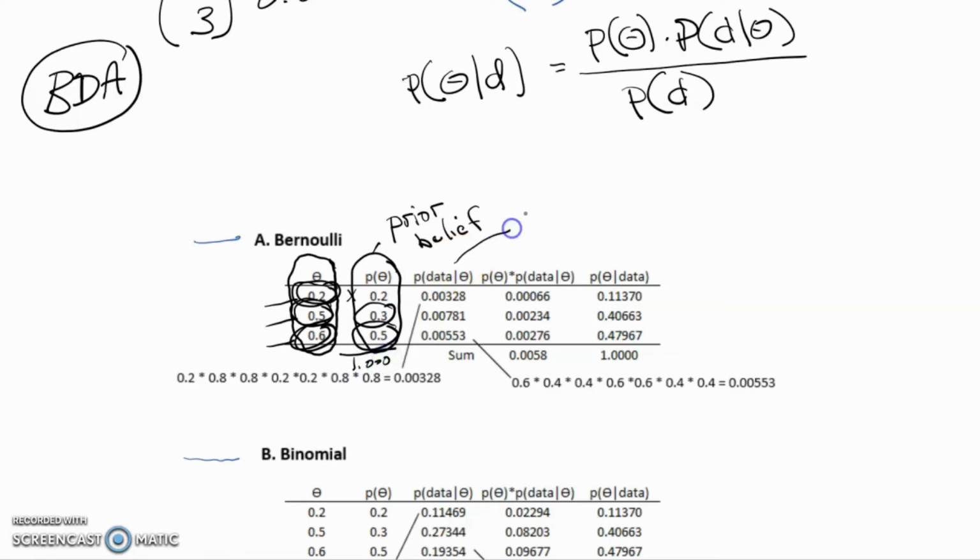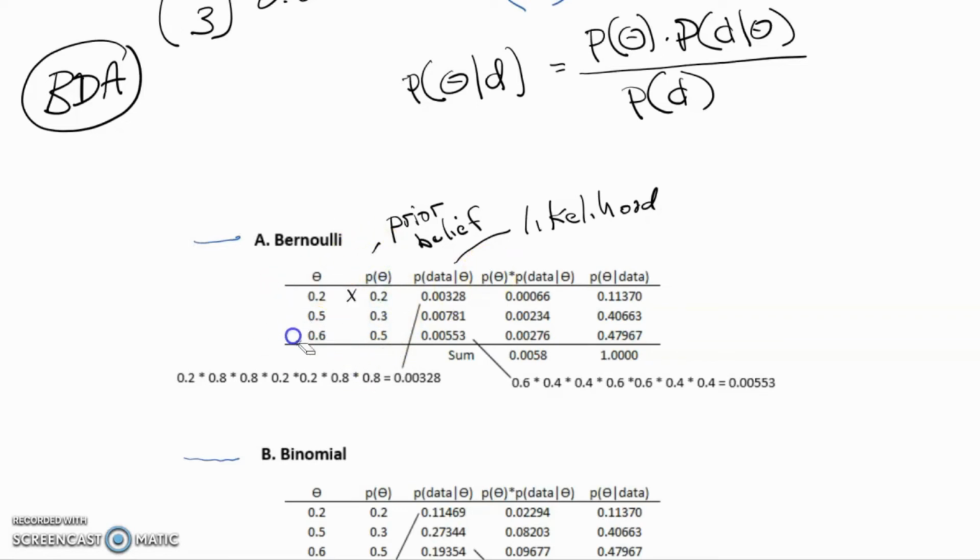And here we've got our likelihood function. You know, the way the likelihood function works is the data are kept constant and the parameter varies. So we're going to keep our data constant at n equals 7, z equals 3.